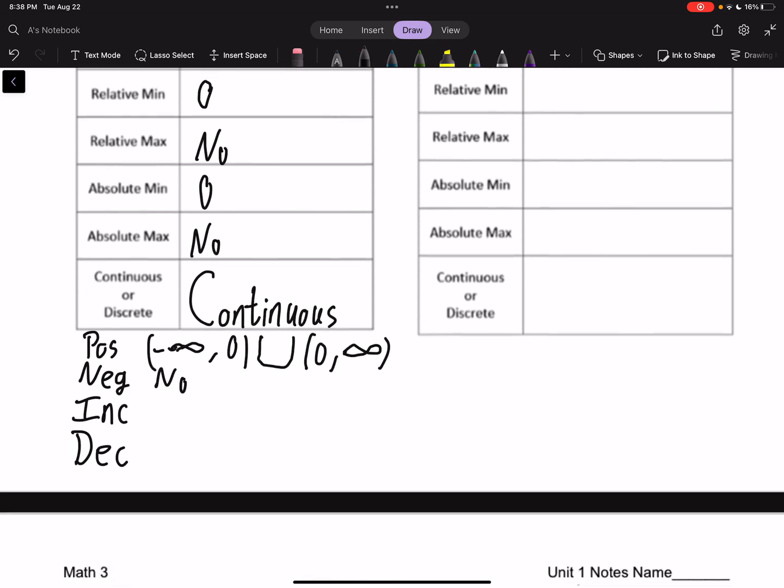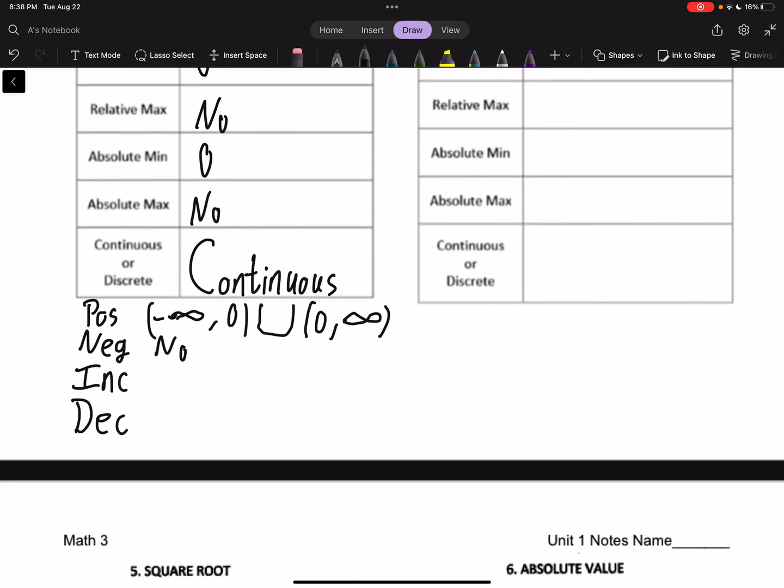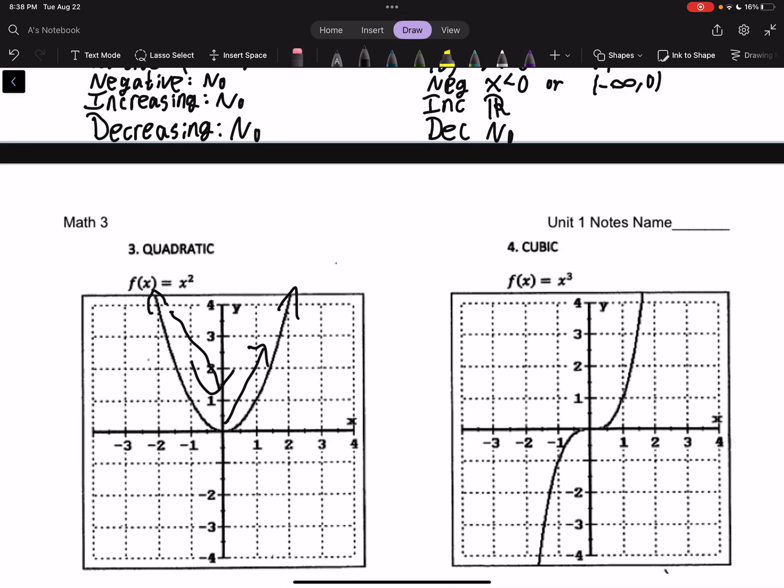Let me write this down, then I'll give you my example that I like. It's increasing as x is greater than 0, decreasing when x is less than 0. The example I like to use for this is the name Hannah. There's a word for this, I don't know what it's called, where it's spelled the same way forwards and backwards.